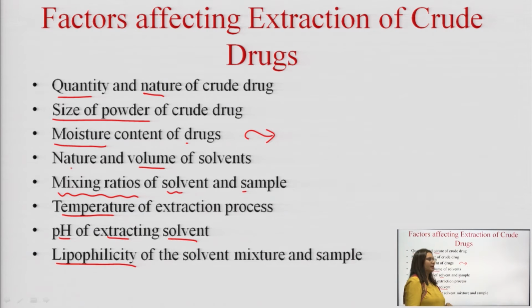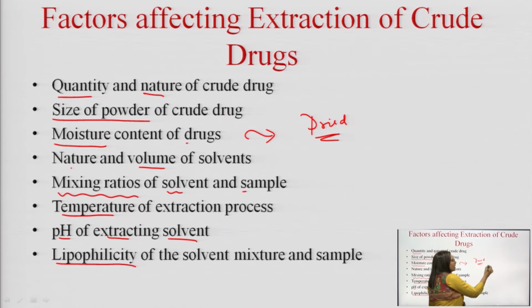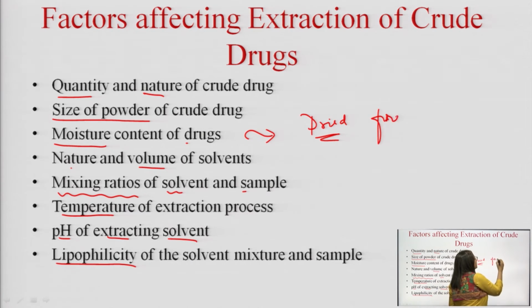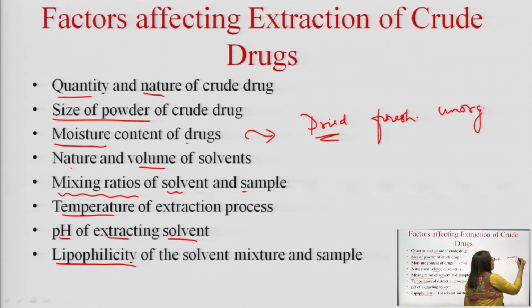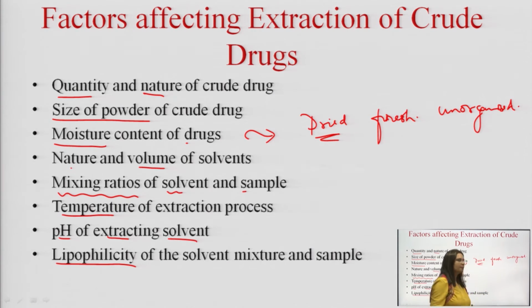What happens here is any plant material which is being chosen, either the plant part is dried and utilized for the drug product, or its fresh material is used for the extraction procedure, or else some unorganized part is used, or sometimes animal parts, animal products are also utilized for the obtention of the secondary metabolites.